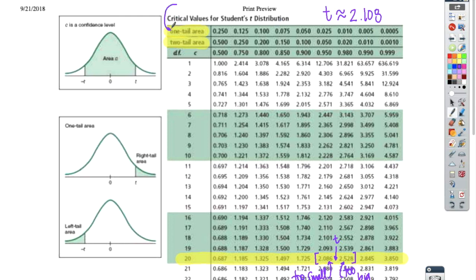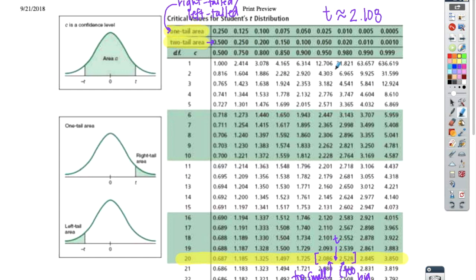If you have a right-tailed or a left-tailed test, then you would use the one tail area, because right tail is just one tail, left tail, it's still just one tail. Now, if you're dealing with a two-tailed test, you're going to use this row, this entire row.